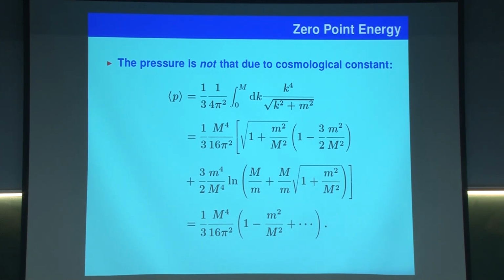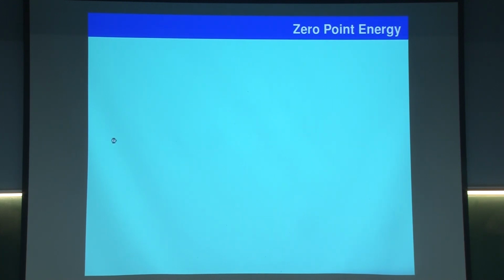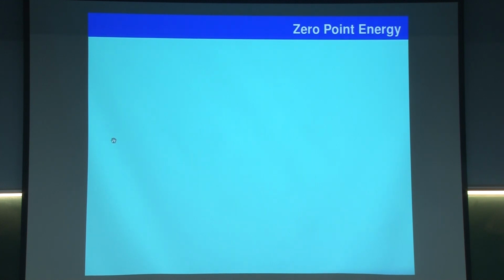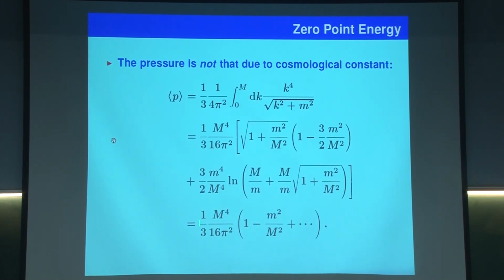Again you can do the integral, this is the exact result. Now, you go and compute it, and you will get 1/3 of what you got before. Let us see, this is m4 upon 16 pi square at the leading term. Here the leading term is 1/3 of that quantity. Correction times are different, but the leading term is 1/3. So, P is 1/3 of rho, which is the equation of state for radiation, and that is what a cutoff computation does.